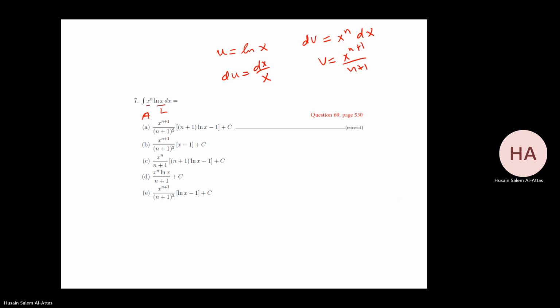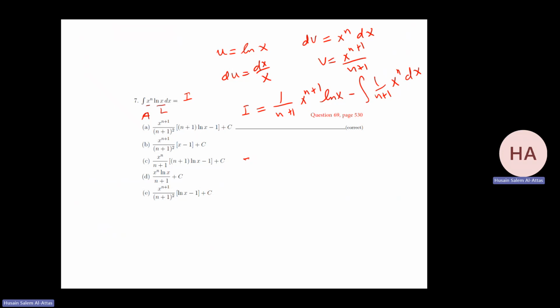Okay. So that gives me what? This is I. So I will be 1 over n plus 1, x to the power n plus 1 ln x, minus the integral of this times this, which is 1 over n plus 1 x to the power n dx.